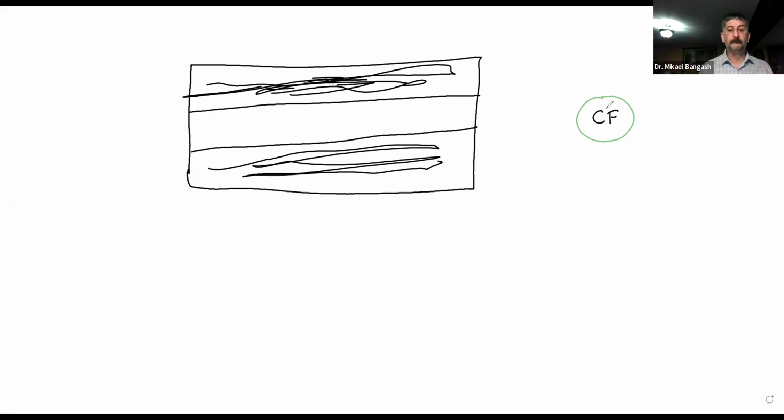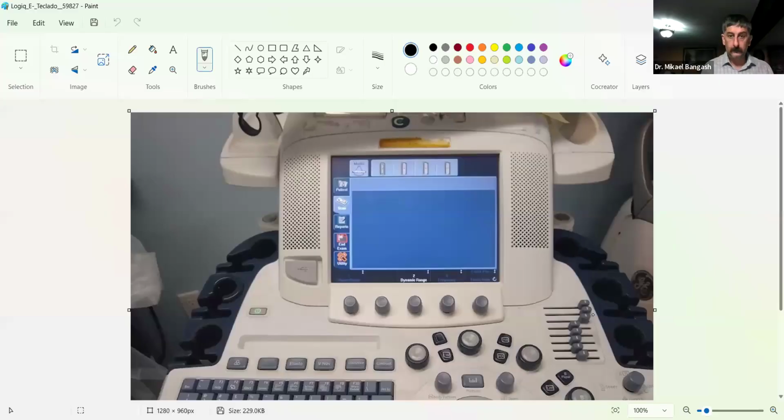Now, for those of you who are still in doubt, this one here is your knob for color flow. How do we turn it on?